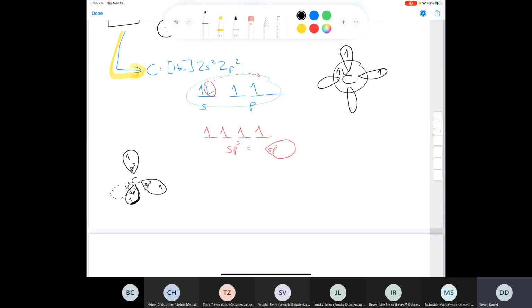1, 2, 3, 4. Bonds result from orbital overlap, don't they? If you go back to my slide deck, it showed you how a bond was formed by the overlap of orbitals. So what we're going to do is, since we've got 4 hydrogens, and each hydrogen has a 1s orbital with 1 electron, look, I'm going to get a 1s orbital from 1 hydrogen here, overlapping.